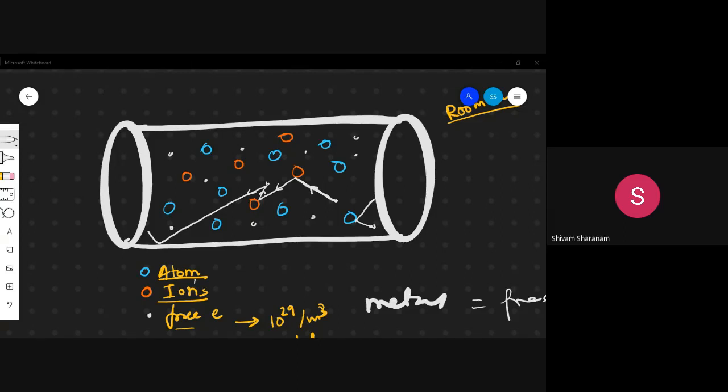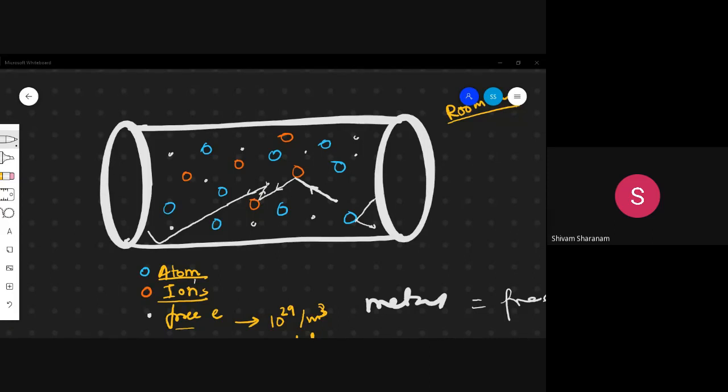Yes or no? We have studied in kinetic theory of gases that each particle has 3/2 kBT when they are above absolute zero, above 0 Kelvin, they have some kinetic energy, and due to that kinetic energy they are going to move.